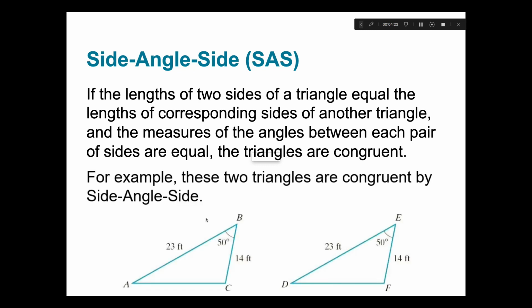So if we have this side is 23, this angle is 50, and this side is 14, this one is the same. There's no way to make this side or these two angles different. They have to produce the same triangle. Make sense? Following along a little bit?